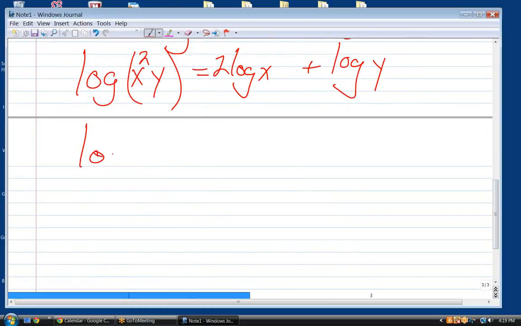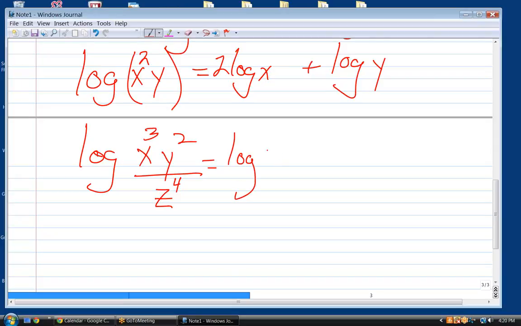Let me do another one here. Again, let's do it in 2 steps. Let's separate the multiplication going on. And then we got division going on, and we know division is subtraction. So I'm going to end up with what?